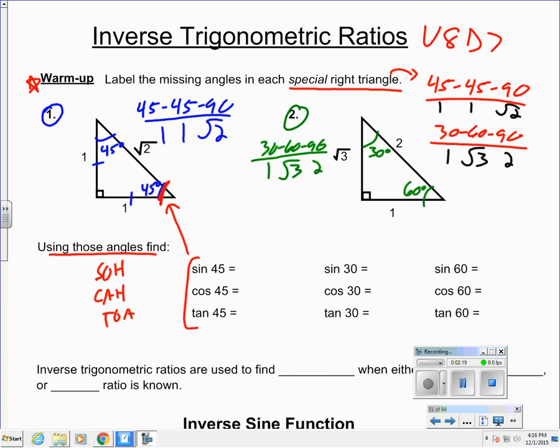So sine is opposite over hypotenuse, so opposite side would be 1. Hypotenuse would be square root 2. So sine 45 would be 1 over square root 2, opposite over hypotenuse. Same thing for cosine. This one here is the adjacent side. So adjacent over hypotenuse would be cosine 1 over square root 2 also. And then tangent would be opposite over adjacent, so that would be 1 over 1, or just 1.